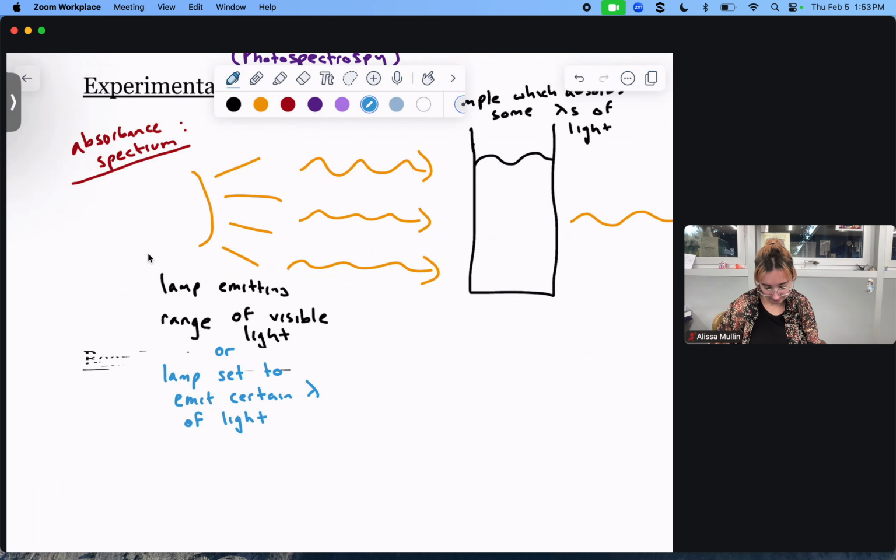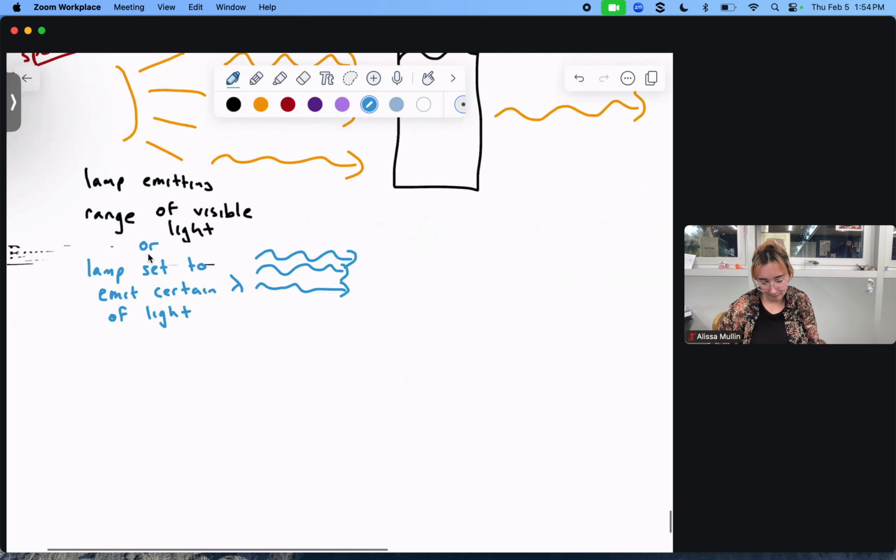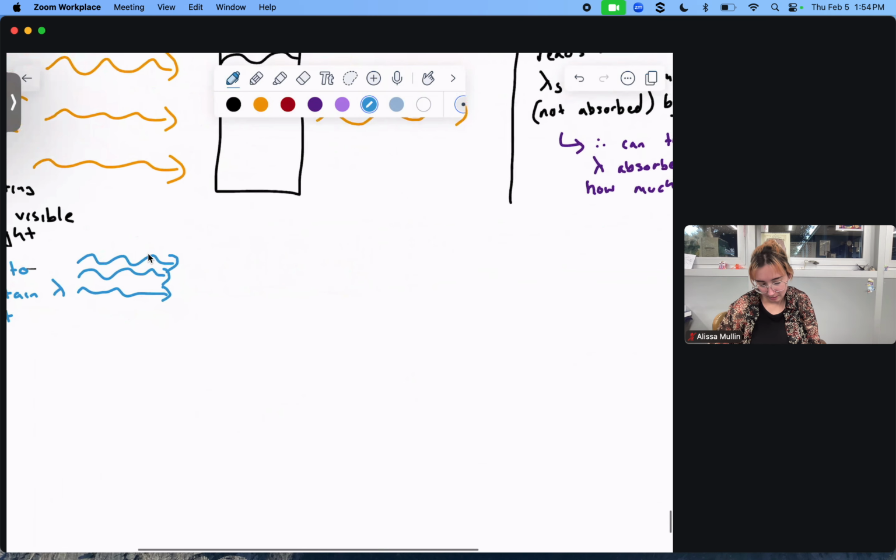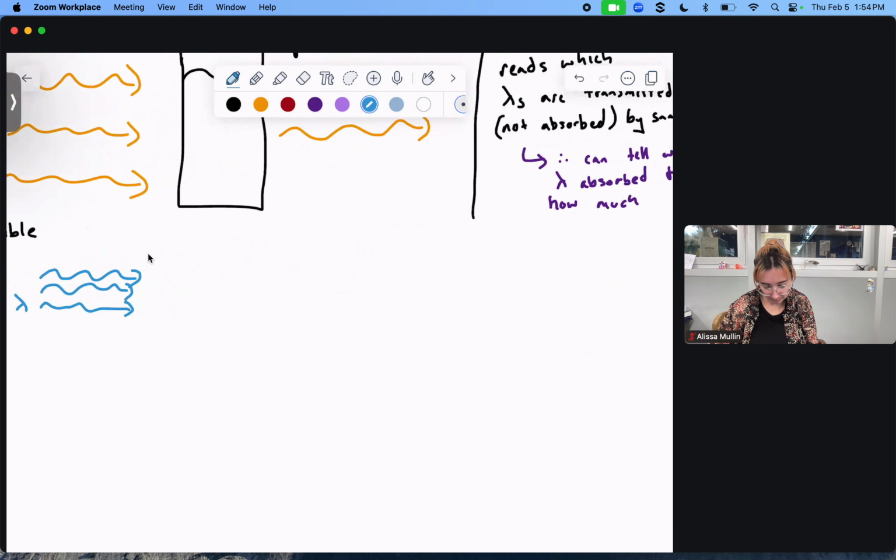I could choose to set my lamp like that. And let's say it's all this type of light. I guess these aren't really necessary to draw. Then again, some of it gets absorbed, maybe some of it doesn't.